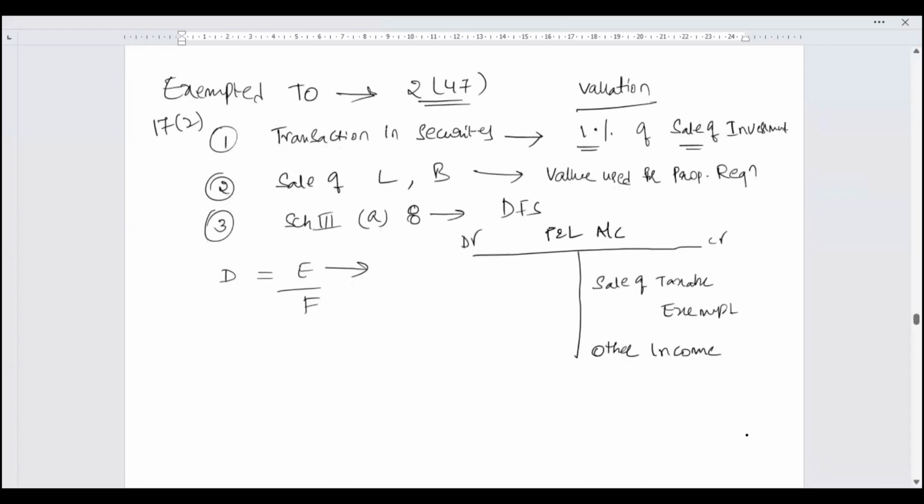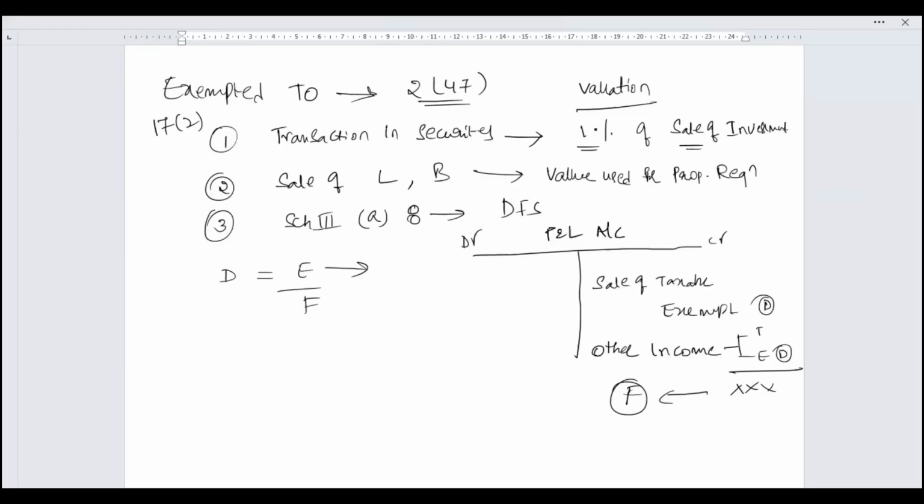Ideally, whatever is the income which comes on the credit side of P&L account, in this formula, E divided by F, this is your F. To the extent of this exempt, this becomes D. If at all, this has got again taxable and exempt, this also becomes D. This is what we do.